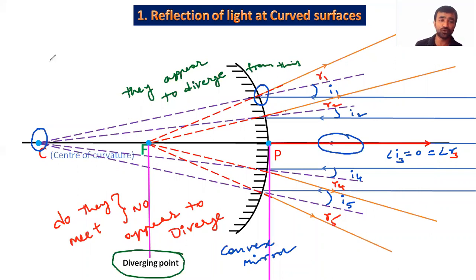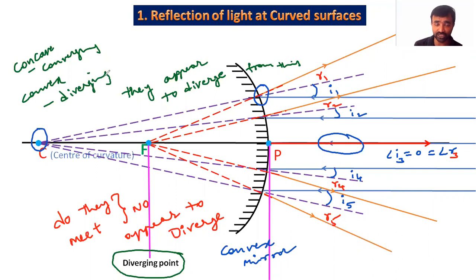Very good. So for the convex mirror, the diverging point. So this converging point or diverging point acts as the focus for the respective mirror.